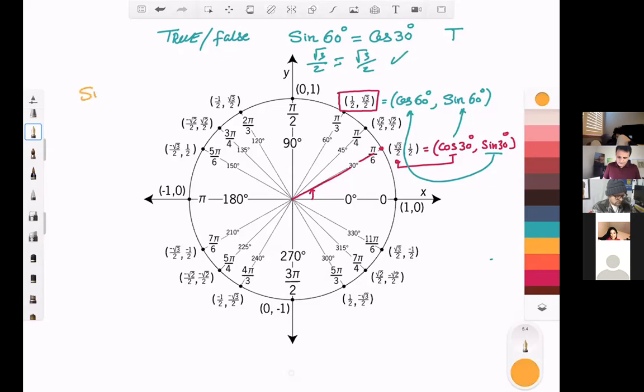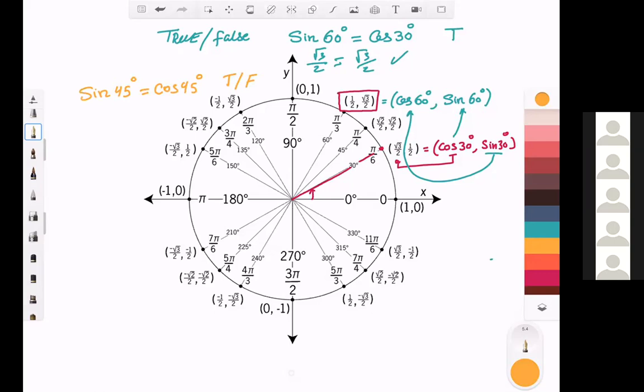What about sine of 45 degrees equal to cosine of 45 degrees? Is this true or false? Elizabeth, true or false? True. Very good. So sine of 45 is radical 2 over 2, and cosine of 45 is radical 2 over 2.